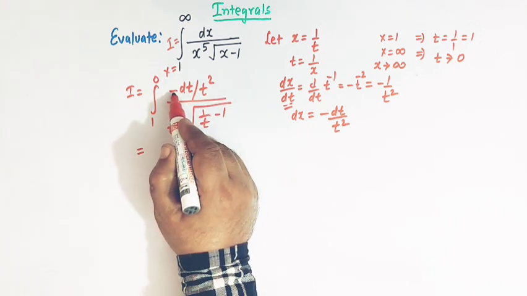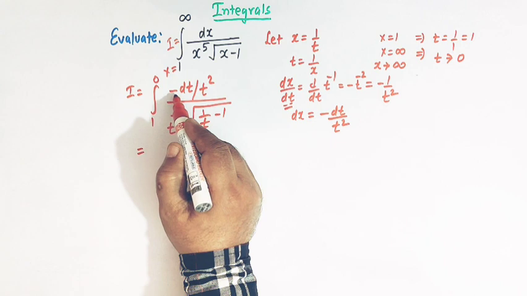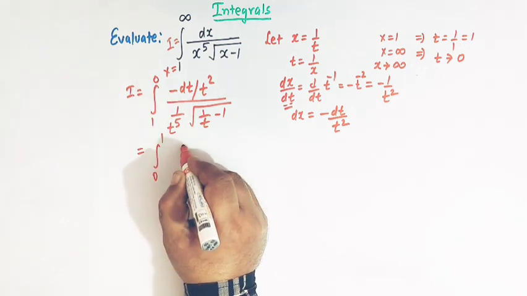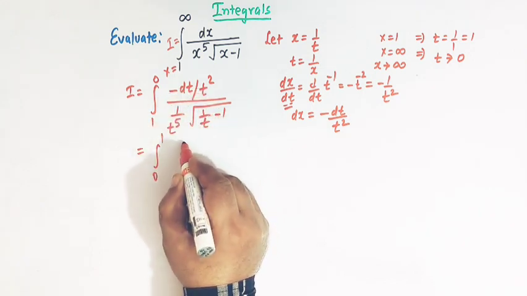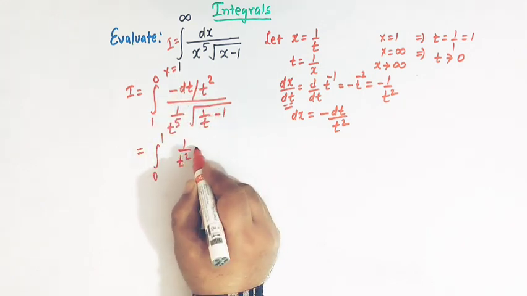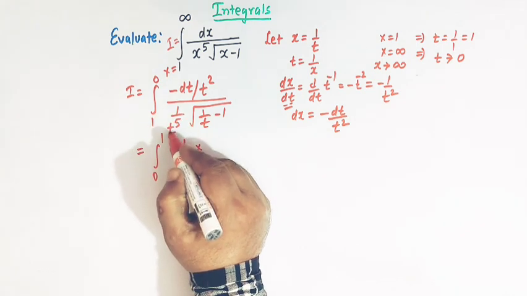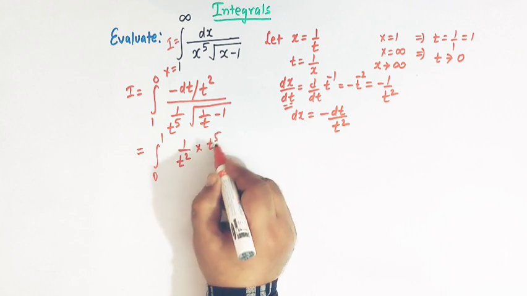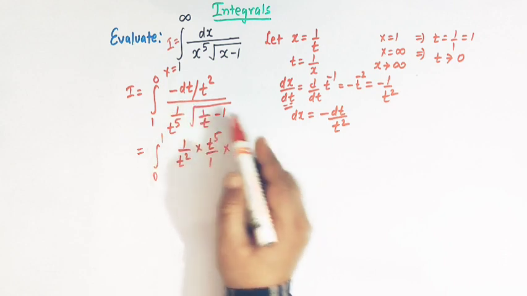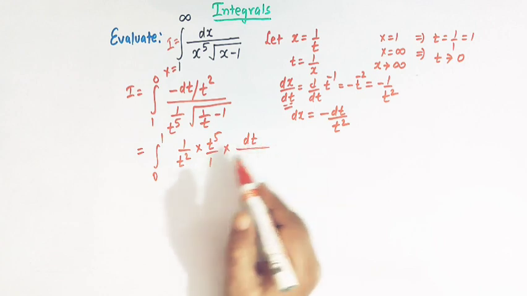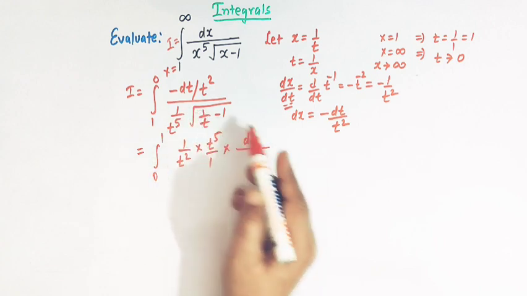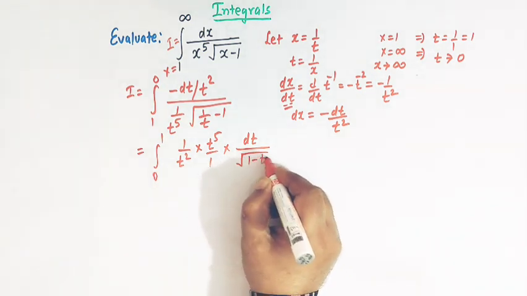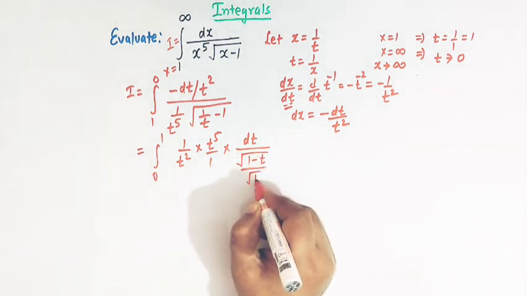Now let us simplify this. Here we have a negative sign, so we can neutralize it by interchanging the limits. So we have 0 to 1, 1 over t square, and 1 over t raised to 5, that is t raised to 5 in the numerator, dt, and square root of 1 over t minus 1, which can be written as square root of 1 minus t over square root of t.